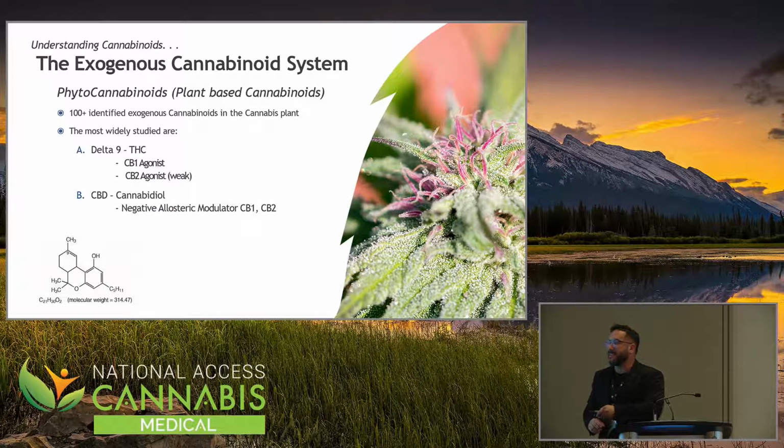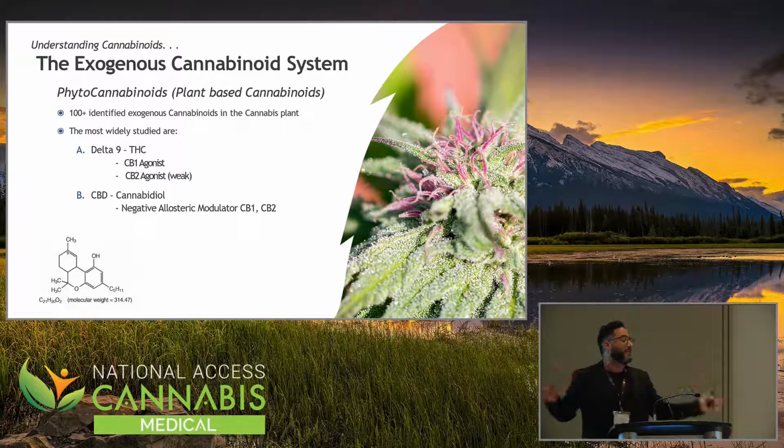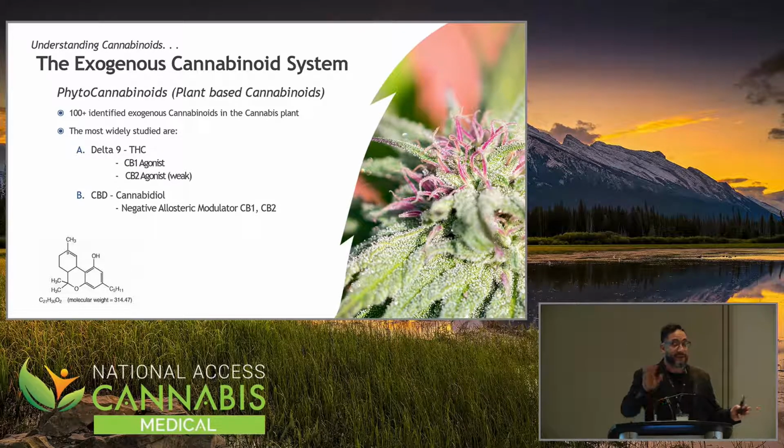And then we have the second one, which is really boutique, and all of a sudden everybody is talking about it. We've been talking about it for 2 decades. But in the last year, as soon as it got out into the market, everyone's like, oh, CBD, it's not going to get you high. You're right, it doesn't. It doesn't have the psychoactive effects because it doesn't interact.